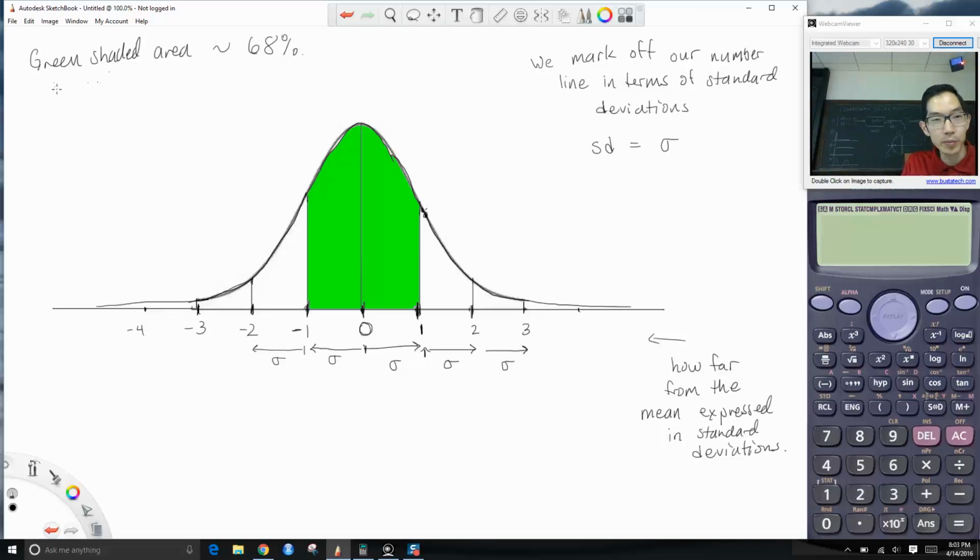Basically what we're saying is that we expect about 68% of data to be within 1 standard deviation of the mean.